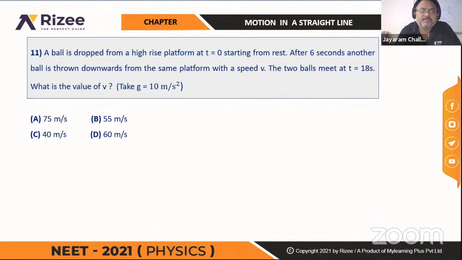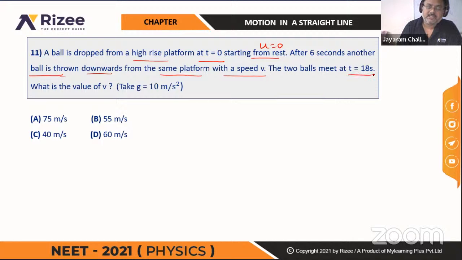A ball is dropped from a high-rise platform at t is equal to 0, starting from rest. That means initial velocity u is equal to 0. After 6 seconds, another ball is thrown downwards from the same platform with the same speed. The two balls meet after 18 seconds.